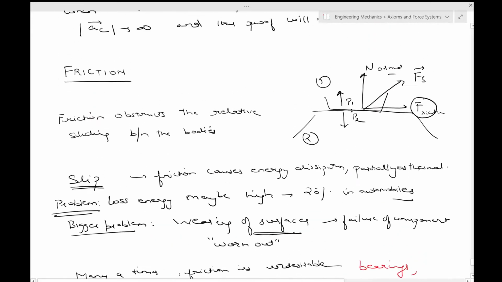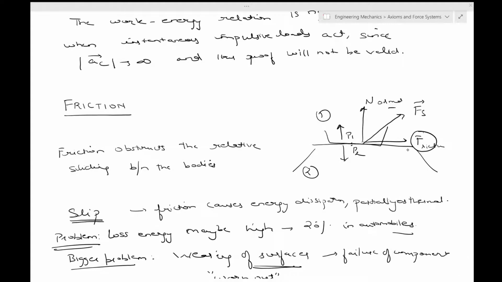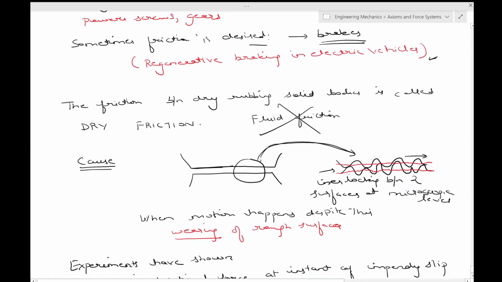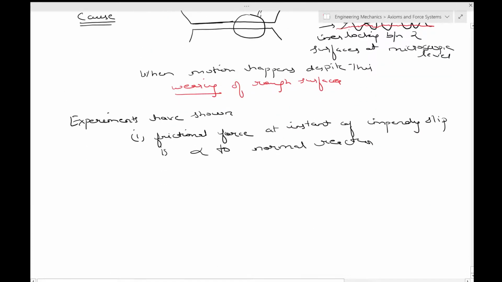Remember this had two components, one was normal, the other was friction. So that's what we mean. This was the first observation.